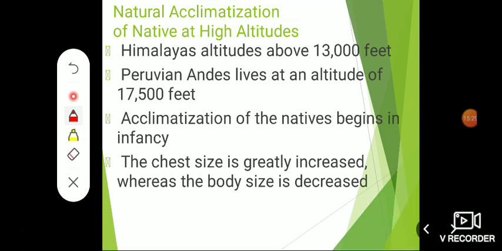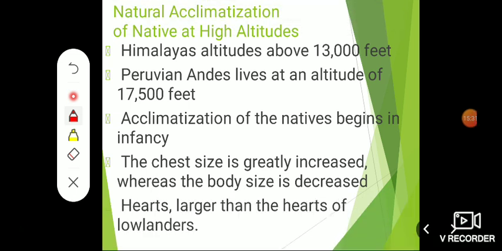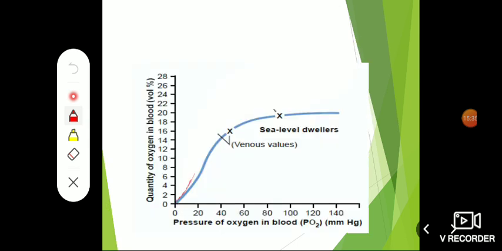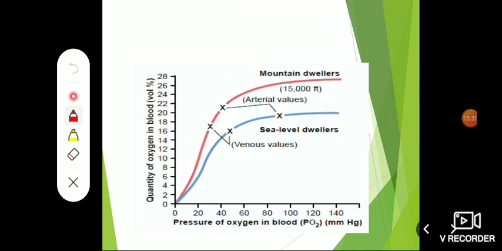The heart is larger than in lowlanders, and if you see their hemoglobin dissociation curves, they are totally different. This is for sea level dwellers, but in the natives you can see the graph is shifted. So already by birth, many adjustments are taking place in the body so that they can accommodate and survive there.